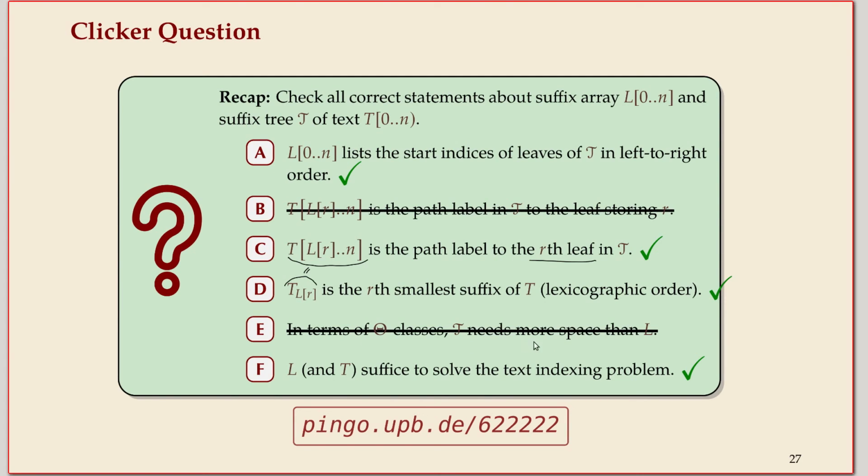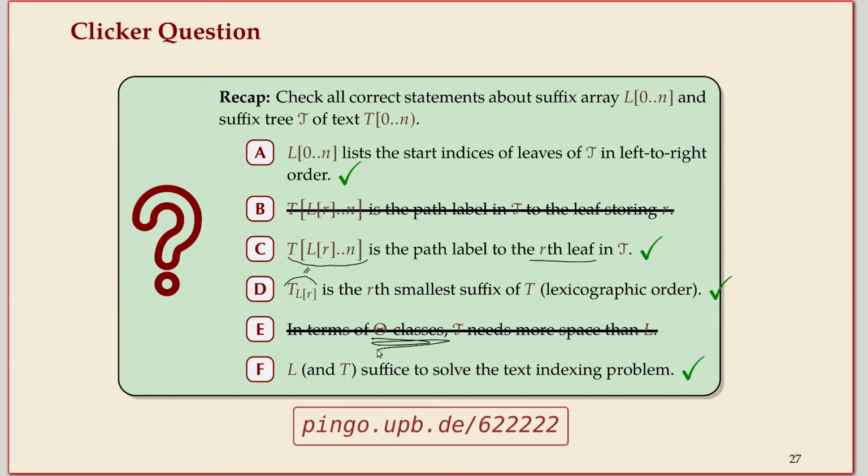Then number E was a little tricky, because I definitely told you about suffix arrays as a space-efficient alternative to suffix trees, right? And this is very true, but if you look at the theta class, then indeed they're the same. Suffix trees take theta n space in words.